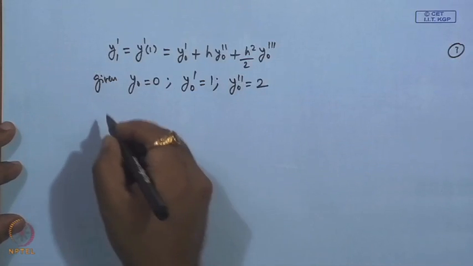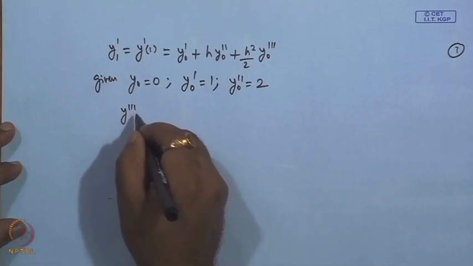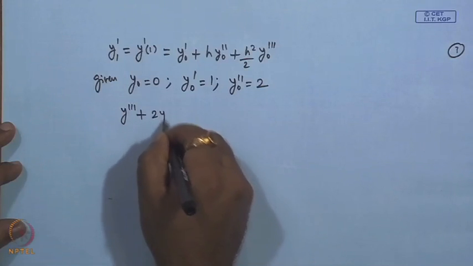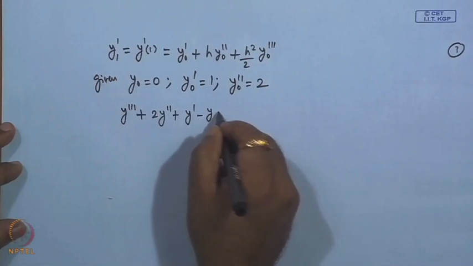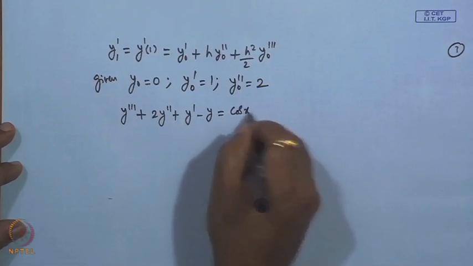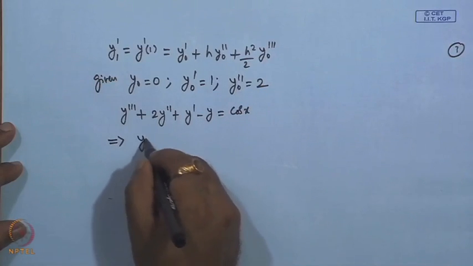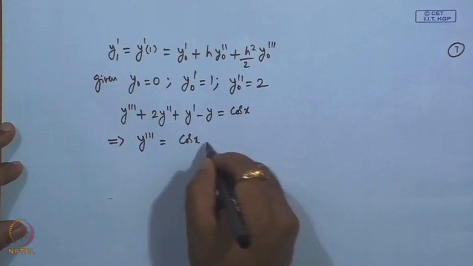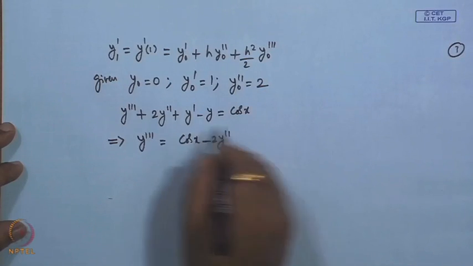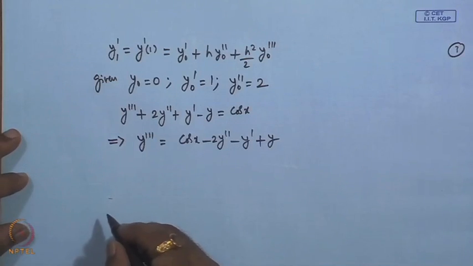From the ODE, y triple prime equals minus 2 y double prime minus y prime plus y.